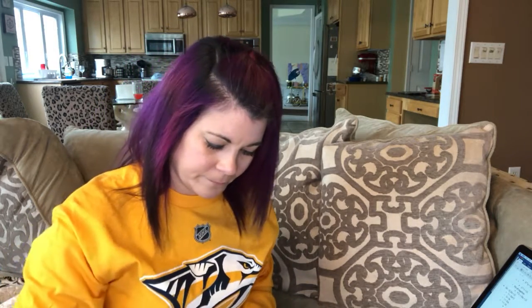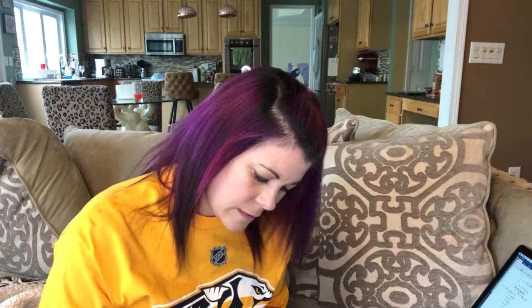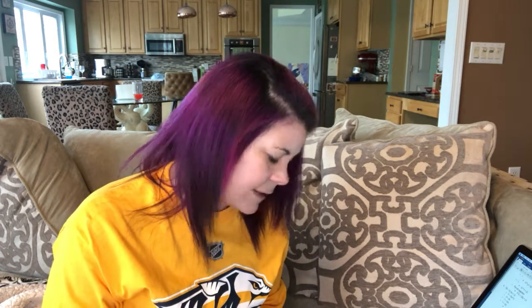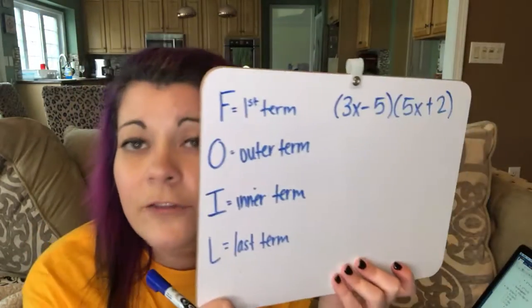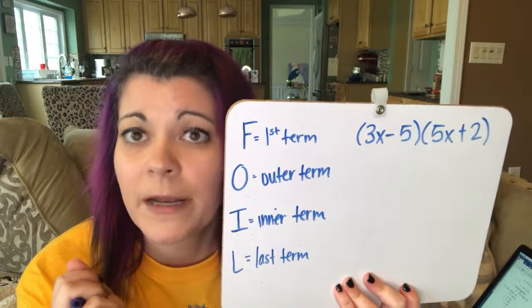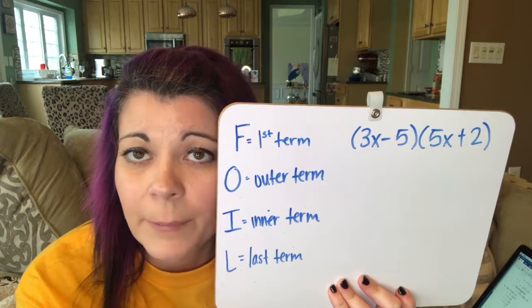Let's do another one. We'll do one more. (3x minus 5) and (5x plus 2). So we're going to FOIL it again. So first term of each binomial, 3x and 5x. It's a positive 3x and a positive 5x.